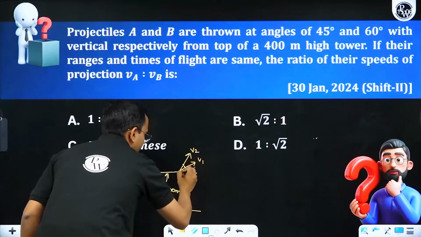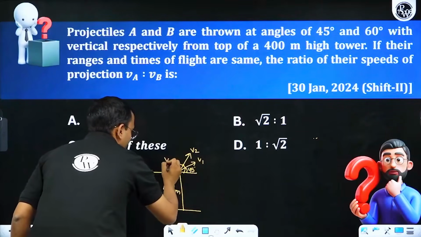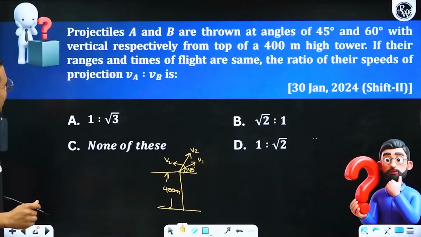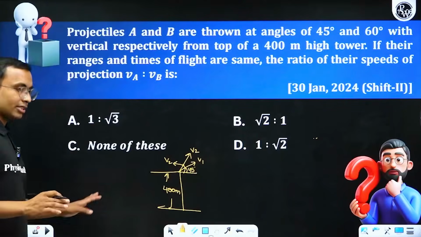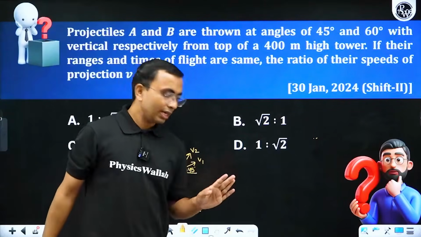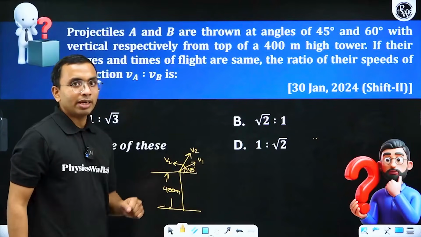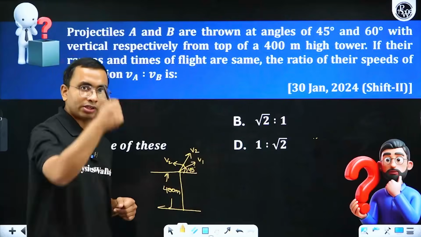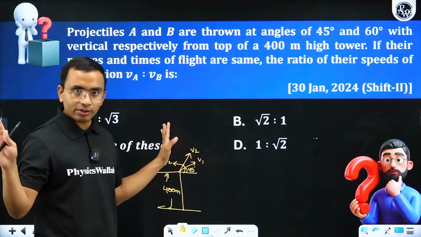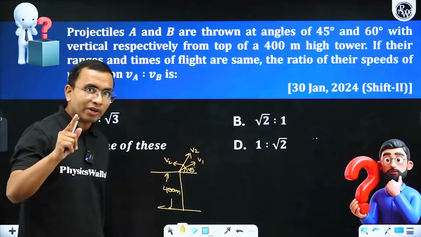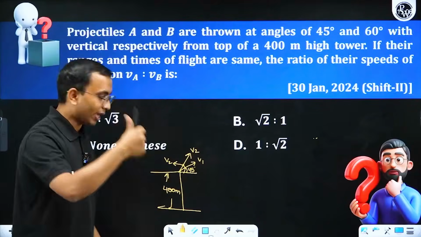Let us take V2. If the range and time of flight are same, range is same, time of flight is same. Now if I say time of flight is same, when the time of flight will be same? Time of flight depends on what? Velocity along y-axis, it depends only on that. So if time of flight is same, it means velocity along y-axis is same.